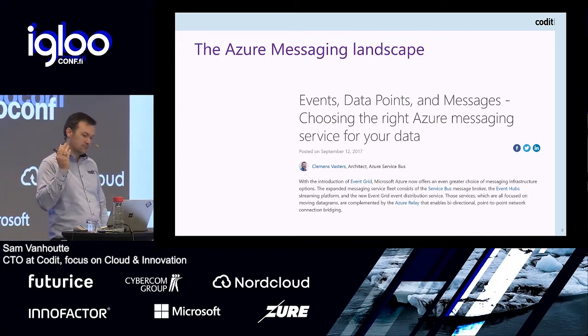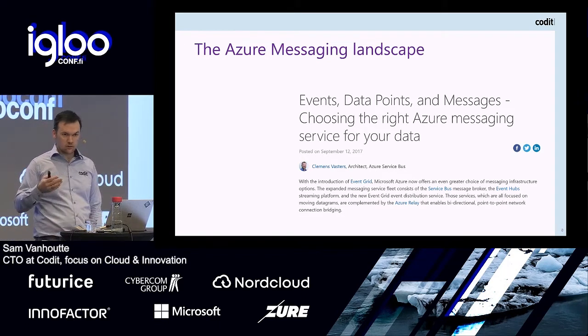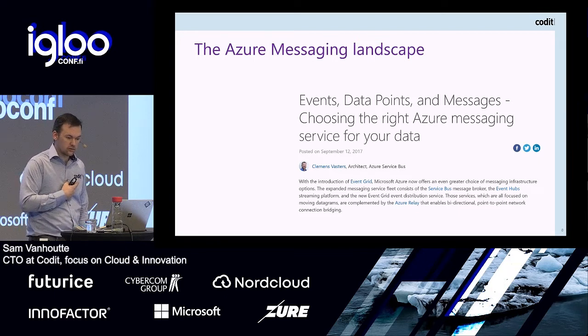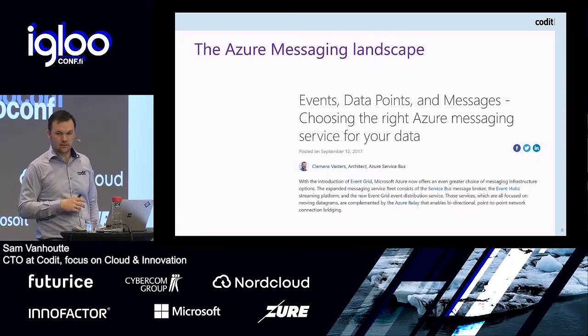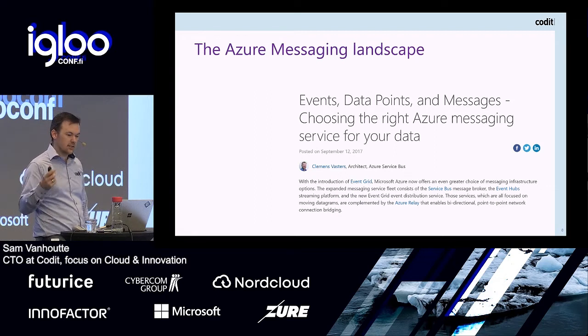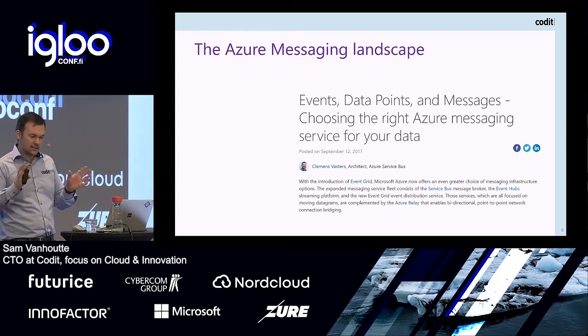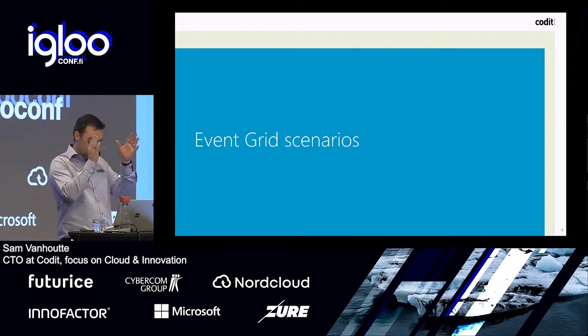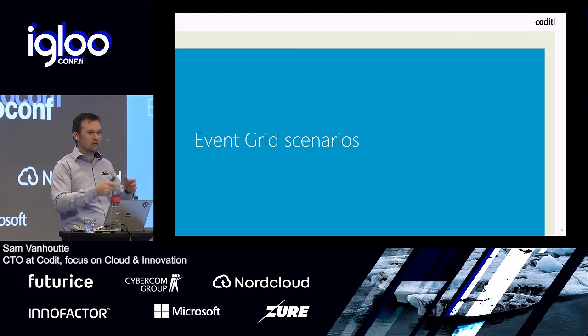If the session of Eldert gives you good insights, you can even get more insights by reading this blog post from Clemens Vasters, who is like the messaging guy at Microsoft. It's something from 2 years plus ago, but it's still relevant. It talks about when to choose which messaging service for your data. So that's the positioning of everything, where Event Grid is really focused for the discrete events, you could say.